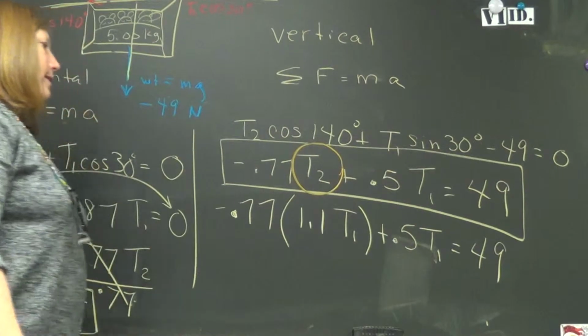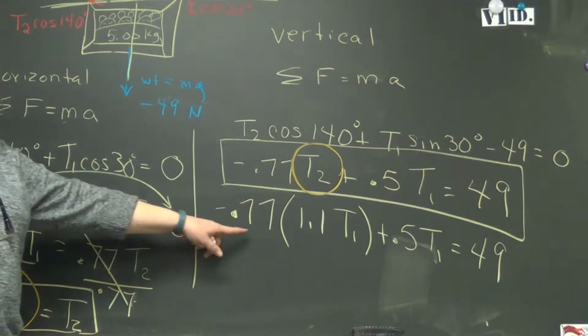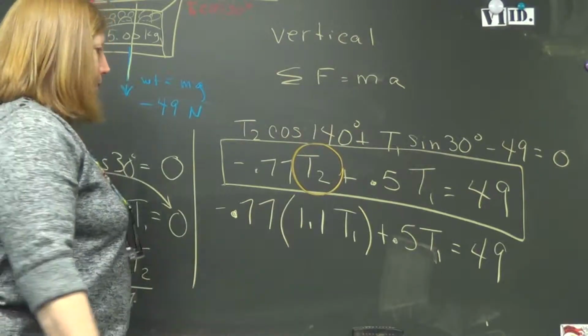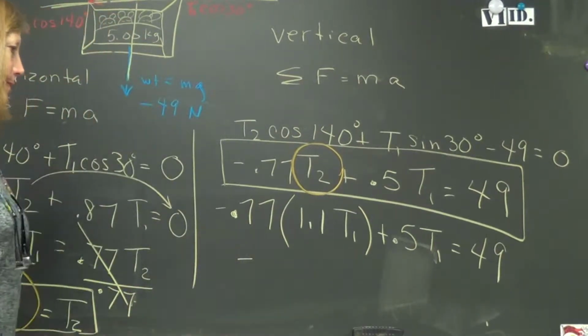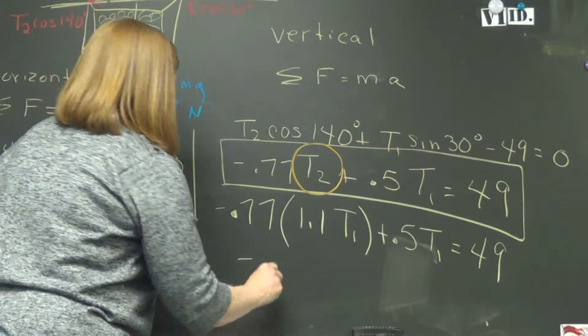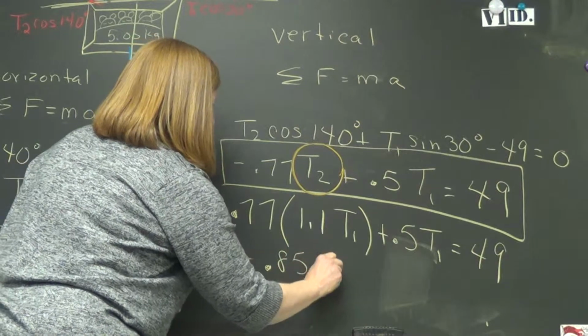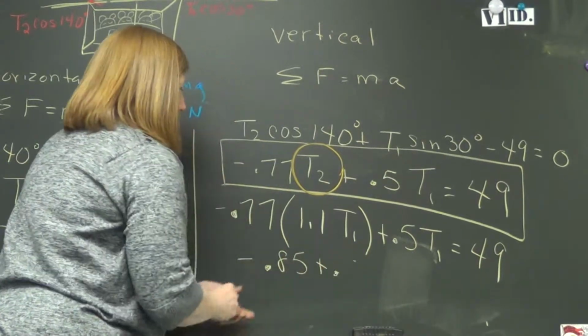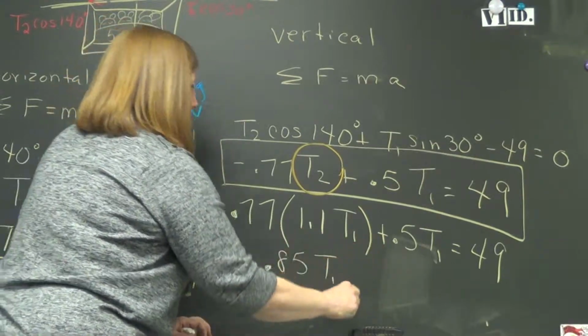Alright, I need more tippy tap. Morgan, 0.77 times 1.1. I know it's going to be negative. Negative 0.85. Notice there's still a T1 there, and add to it 0.5.